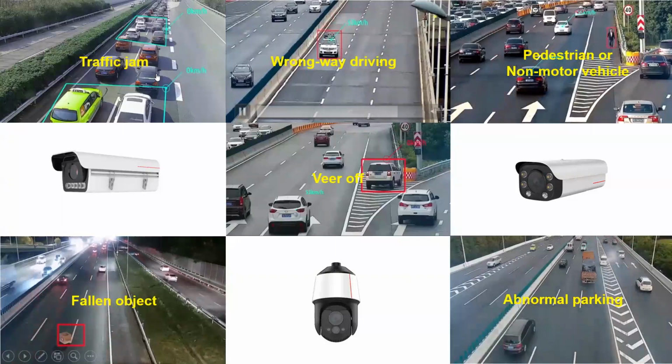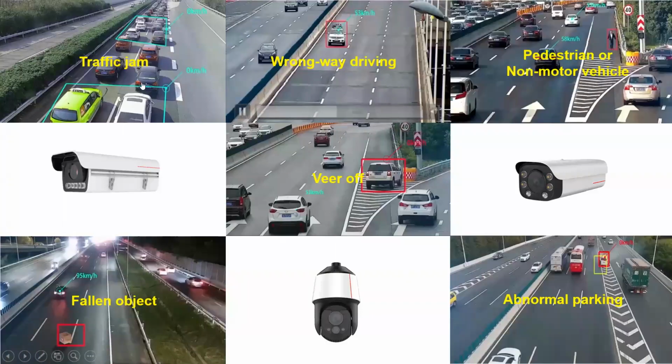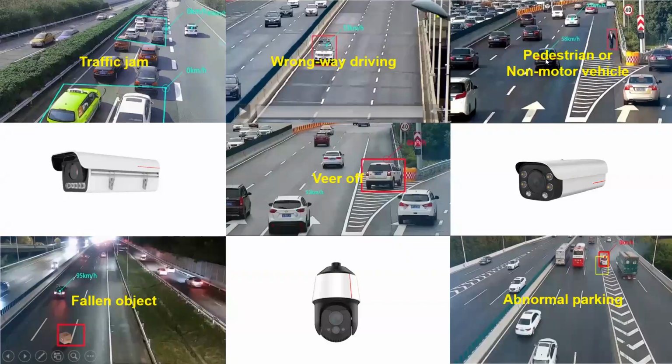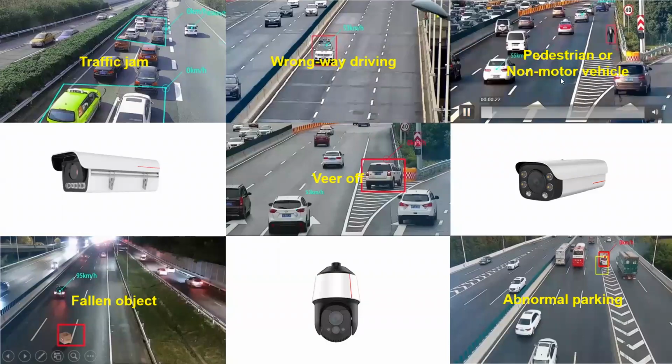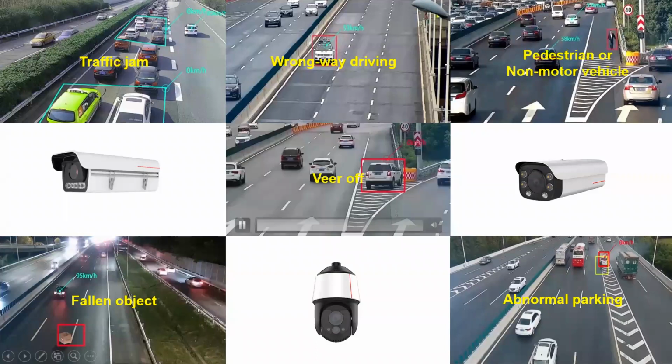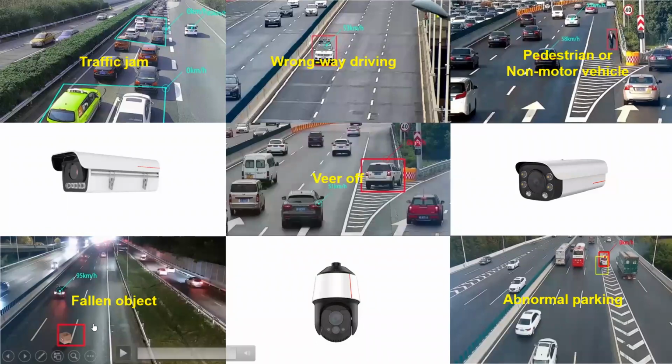This is for the traffic jam. The camera detects it at only 0 kilometers per hour. This is pedestrian and normal vehicle detection. This is a fallen object detection.